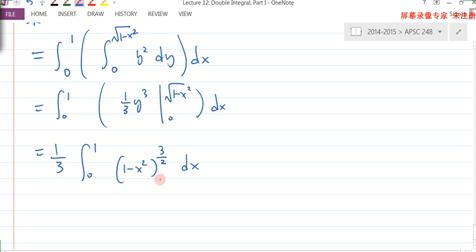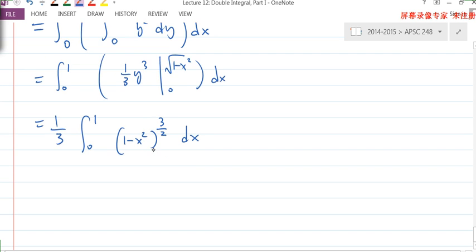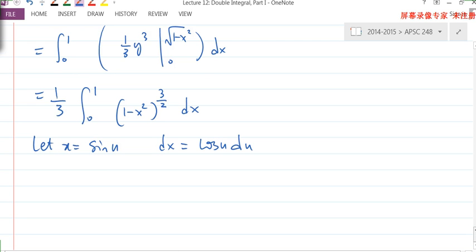I think with this integral, probably a lot of us will get stuck here, right? The usual technique is to let x equal to sine u in general. So we end up with dx equal to cosine u du. If you don't want to, you don't have to write any more, but I will just illustrate how complicated it's becoming.